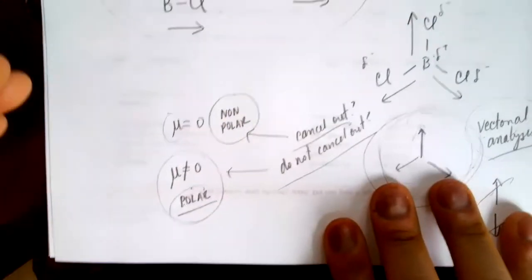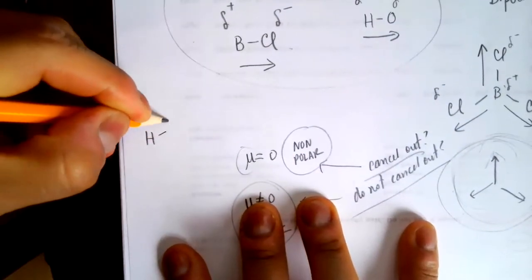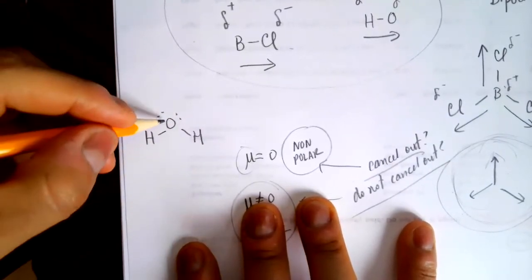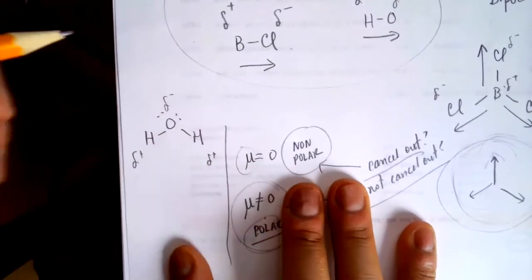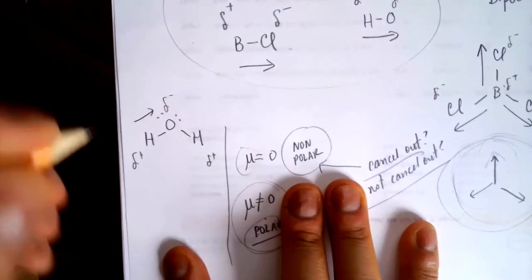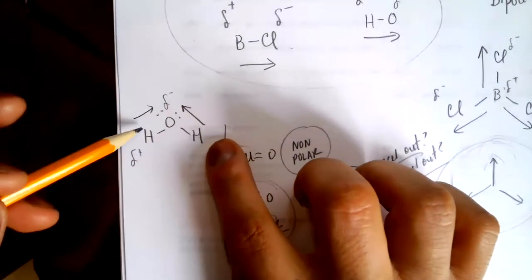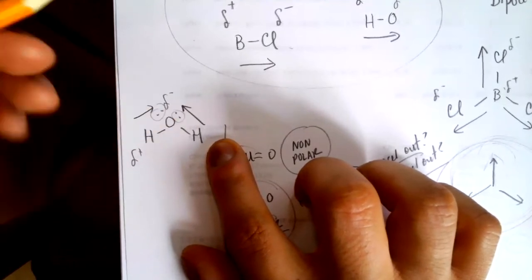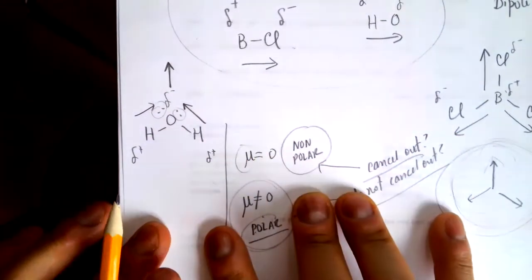So in the case of water, what happens? Well, we know that water is very polar. This is the molecule of water. We have delta minus, delta plus, polarity towards the oxygen. We're talking about bond polarity here. What happens with the electrons? The electrons also have a polarity, toward the upper part.